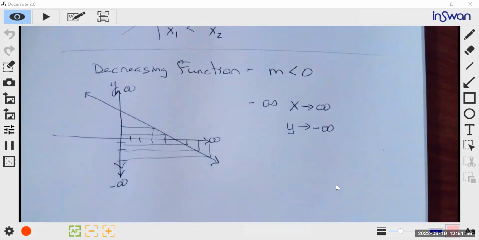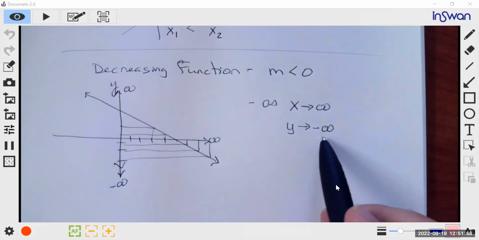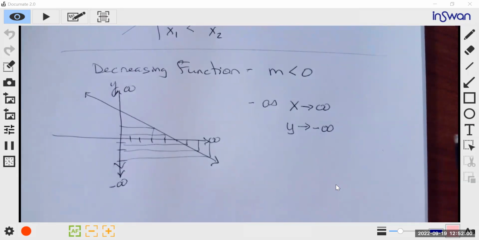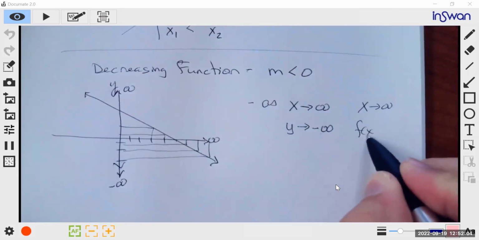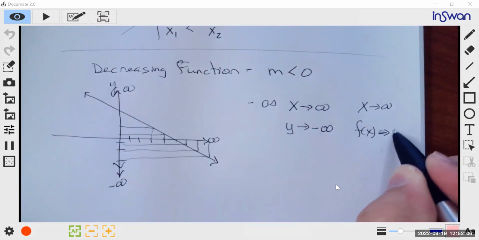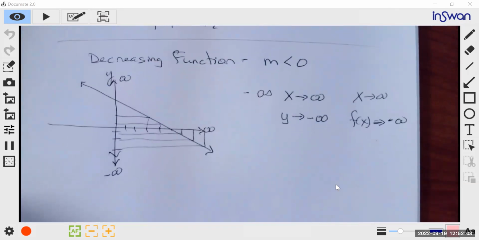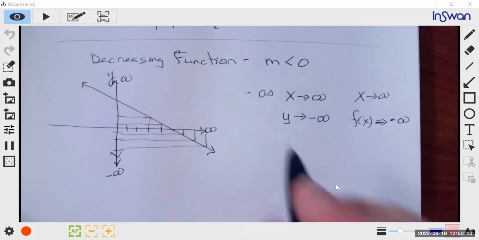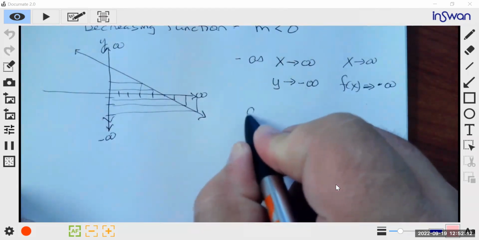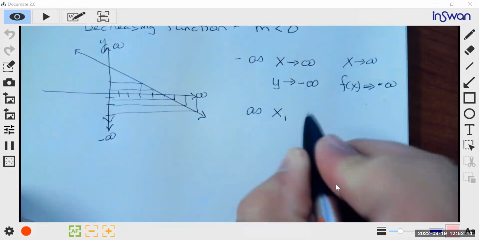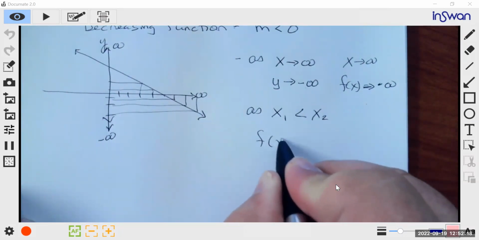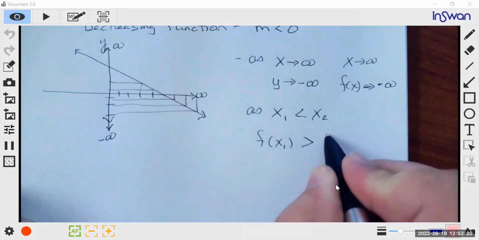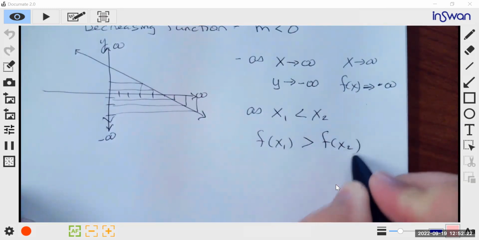They're approaching negative infinity. That's what that says. So again, we look at as x goes to infinity, f of x goes to negative infinity. Or, as x1 is less than x2, f of x1 is greater than f of x2.